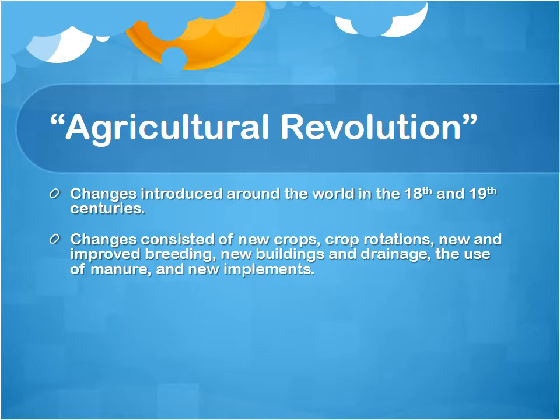The introduction of new and improved breeds of crops, infrastructure, better buildings to store and conserve food, drainage, better ways to have irrigation, more efficient irrigation, so that the per land unit production of crops could grow. The use of fertilizers and new implements became new ways to accelerate food production.